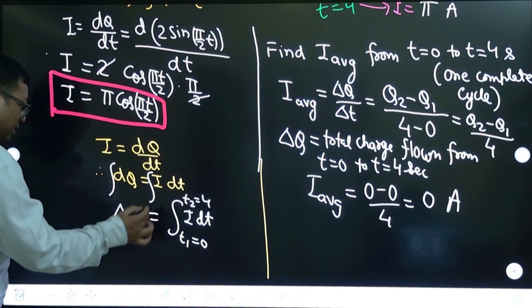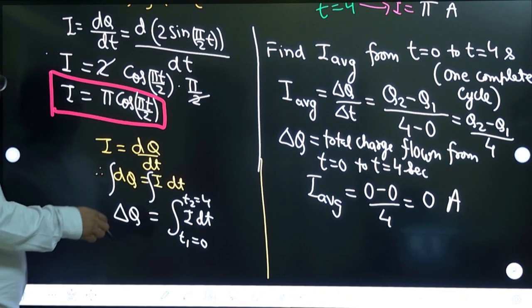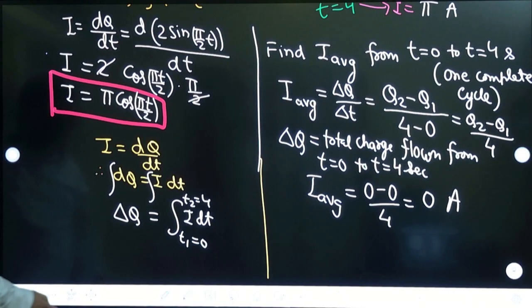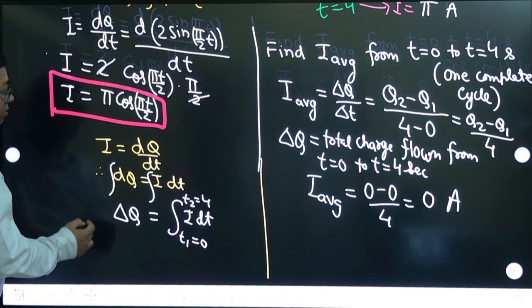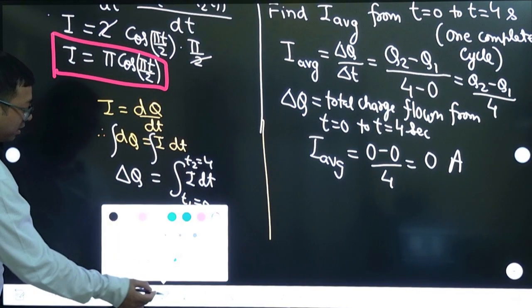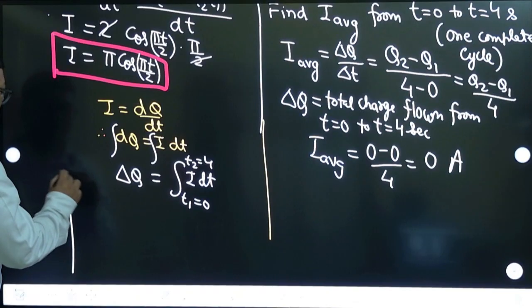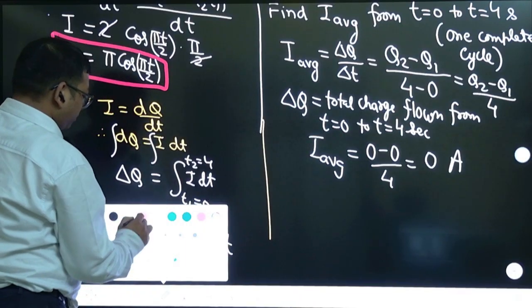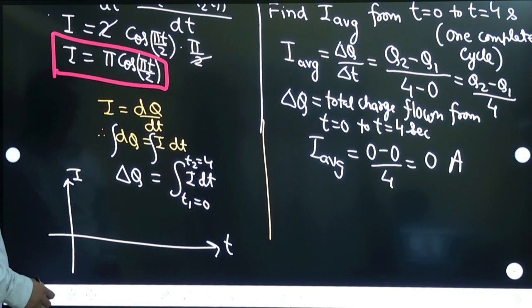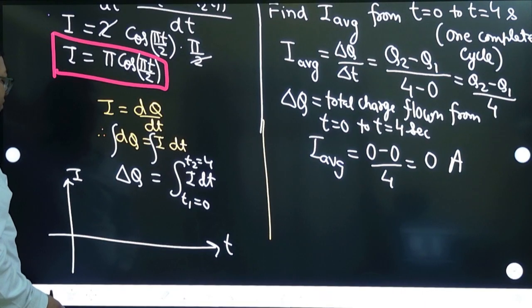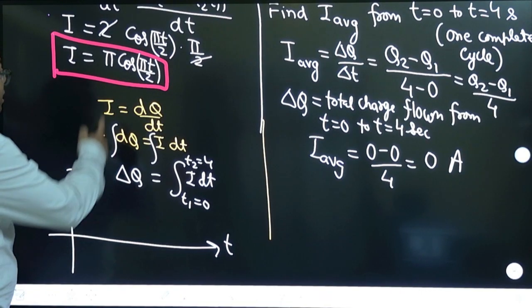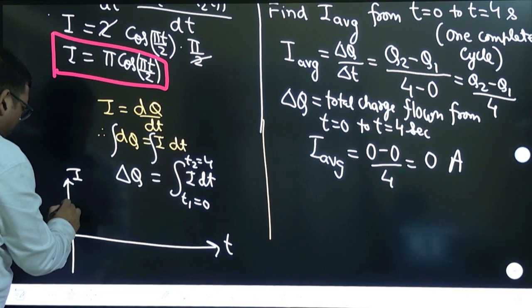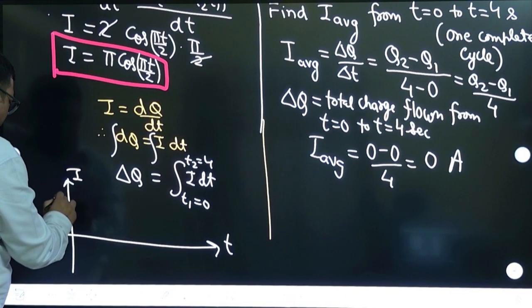Note that integration is area under the graph. So if I have a current time graph, I-t graph, we can draw that current time graph because it's a cos graph, amplitude is pi, so plus pi and minus pi.